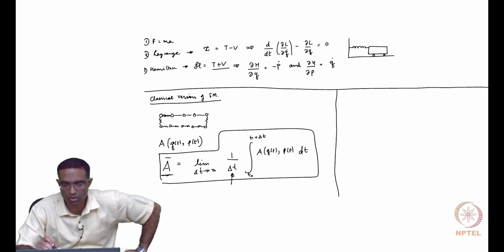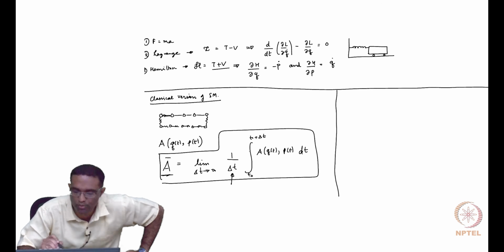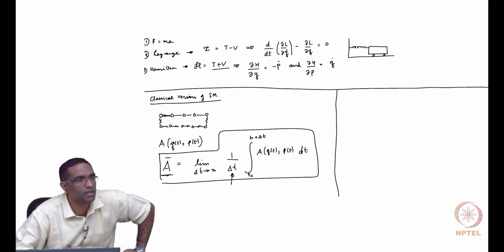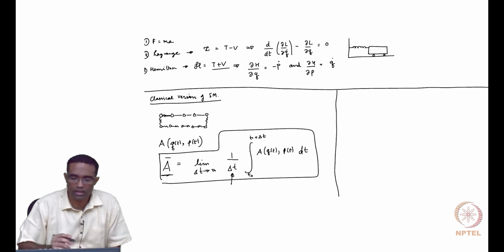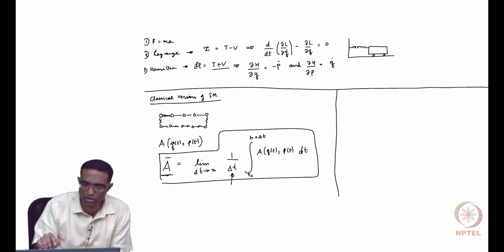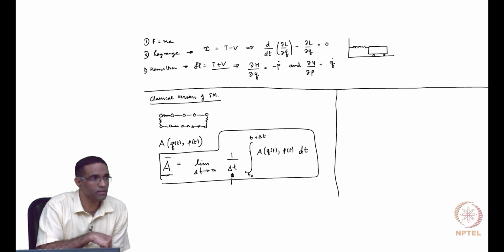Firstly, you have to know what this A is. For example, if I say I want the elastic constants of the system, then I have to have an expression for the elastic constants of the system as a function of P and Q, right?